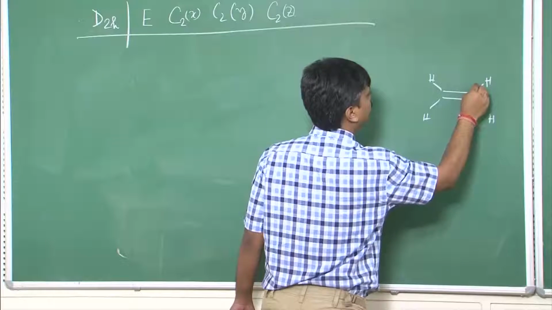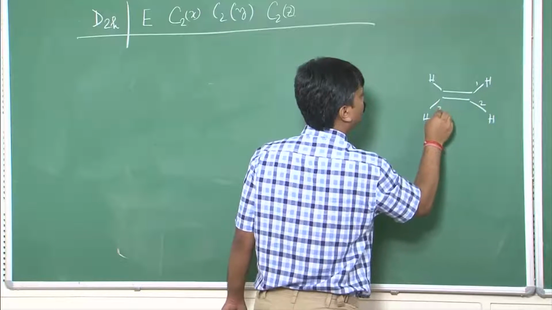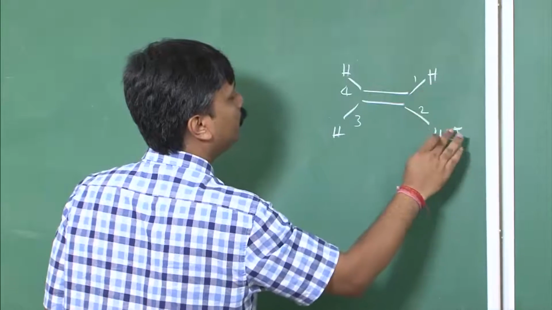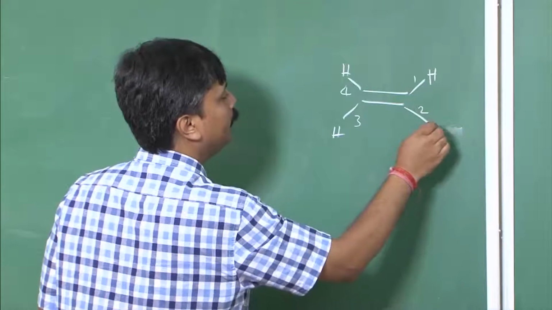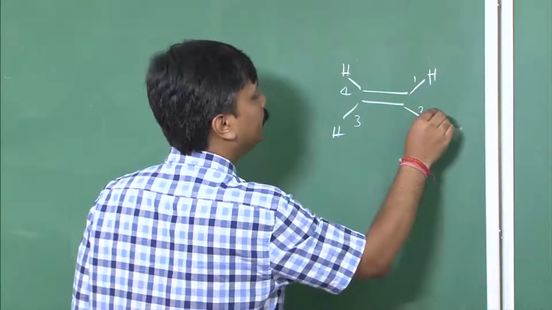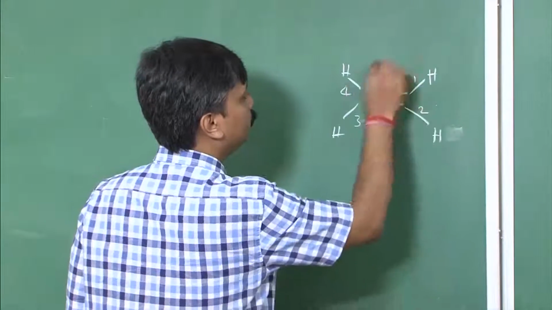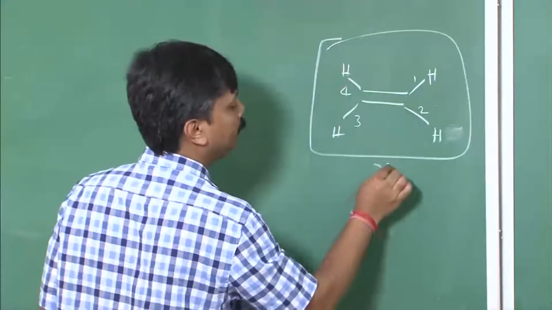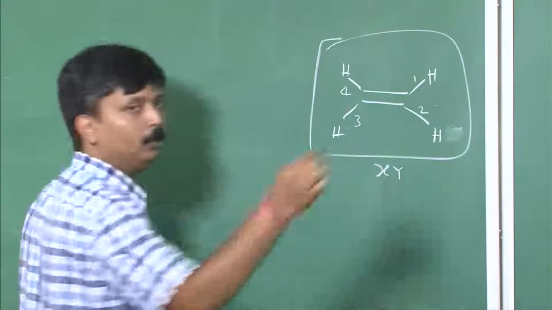you are designating them as 1, 2, 3 and 4, and these are all 1s orbitals. So you are talking about the sigma bonds here. So this plane, if I call this plane my xy plane, then perpendicular to it is the z.